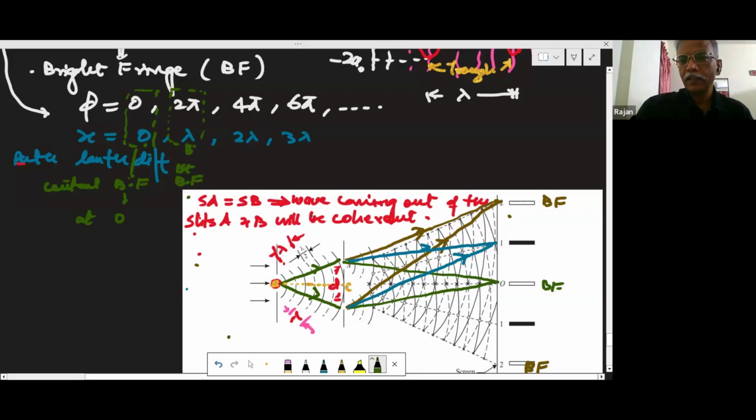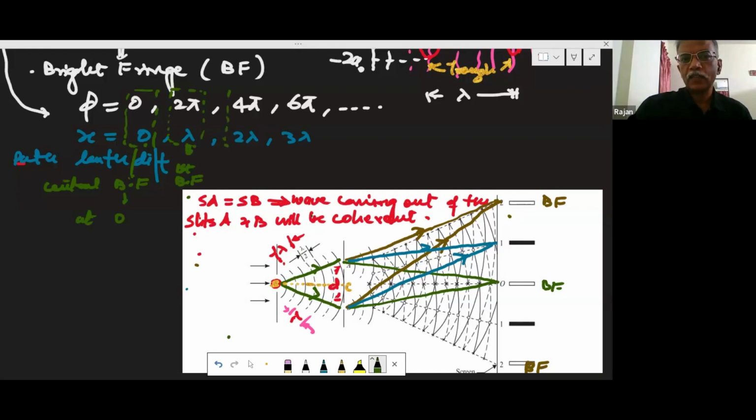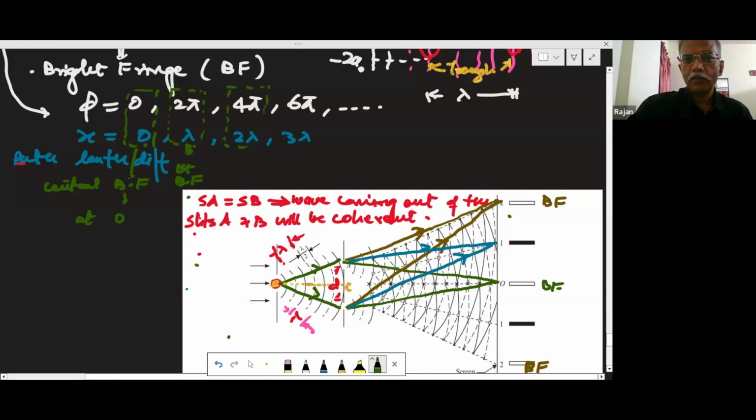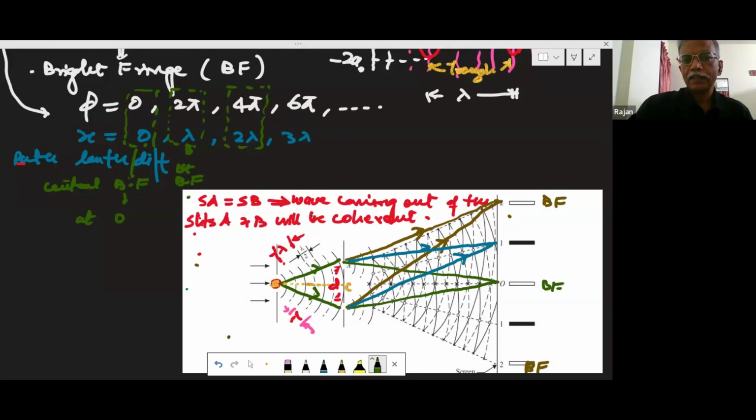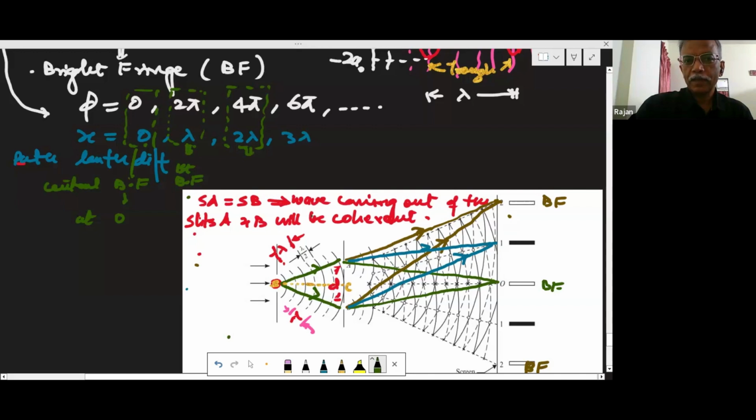In the figure, this is at 2, and so on either side. The next one, where phi is 4 pi and x is 2 lambda, I'm going to have my second bright fringe, and so on.